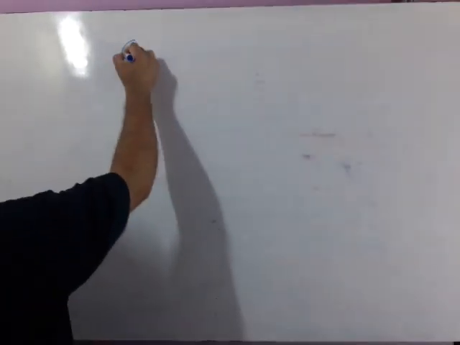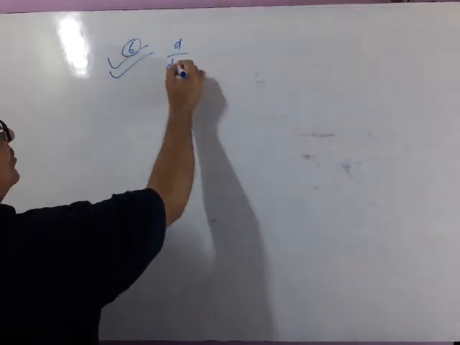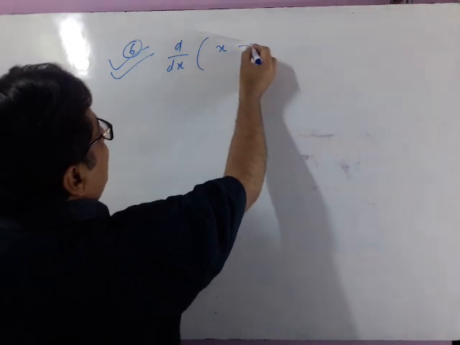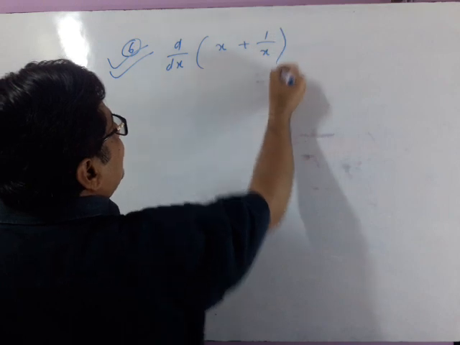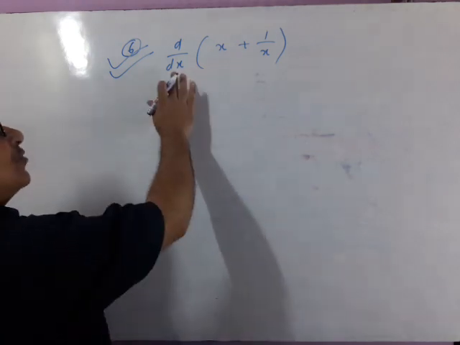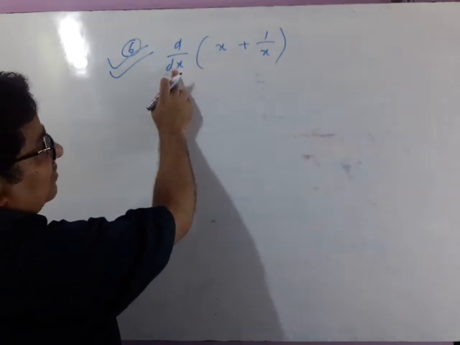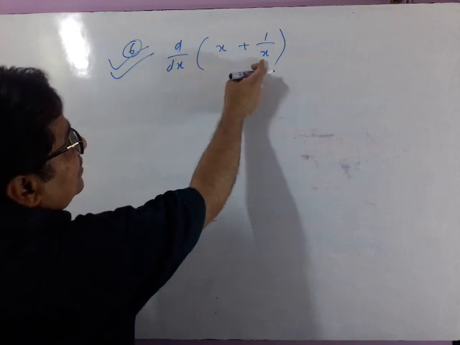Now see, step number 6. You are given this question: differentiate x plus 1 by x. How will you open the bracket? As you open the bracket, similarly you will open the bracket for differentiation also. If it is 5 times this bracket, what will you say? 5 into this plus 5 into this.